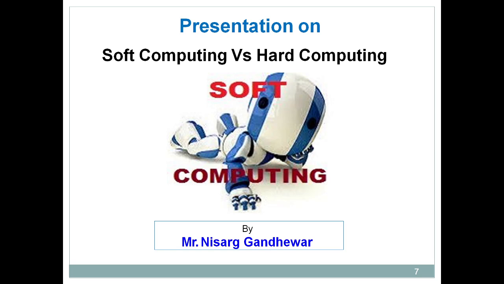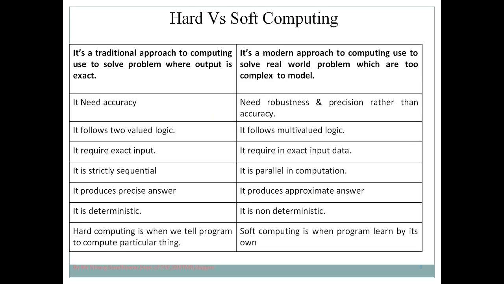That means you have not given the answer in terms of yes, no, 0, 1 or true, false, but you have given the answer that he is tall. In order to represent tall there should be a specific range, so in that case you can use soft computing. Now let's try to understand all the differences one by one.